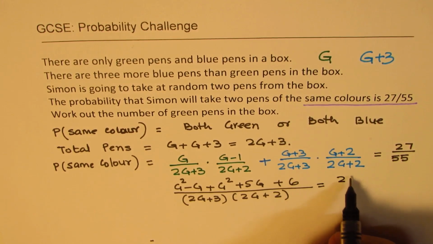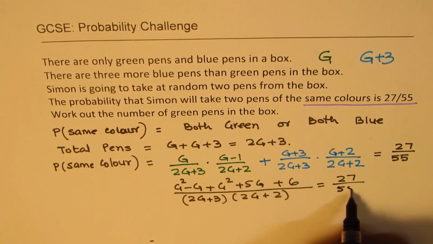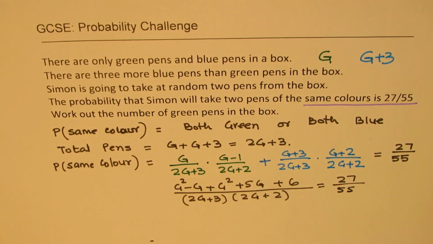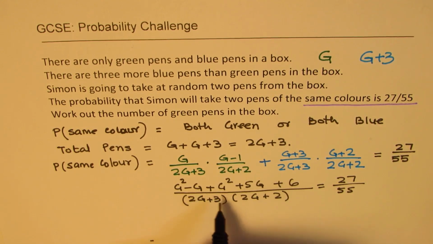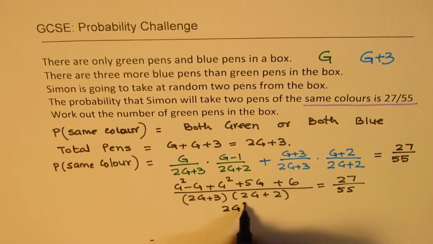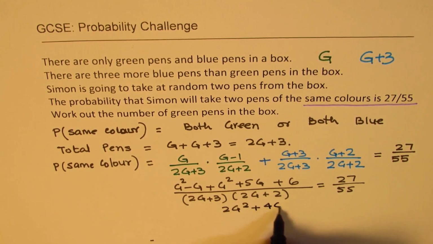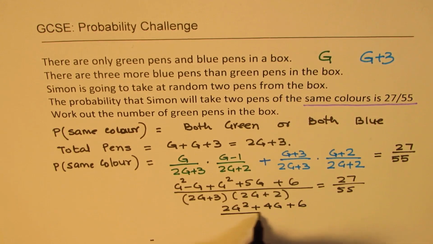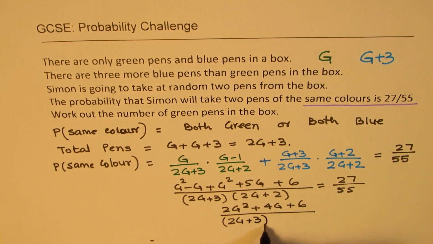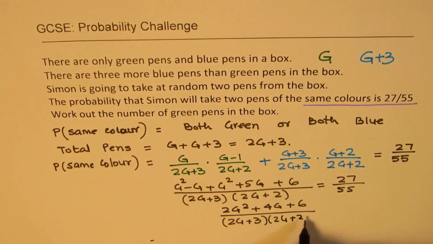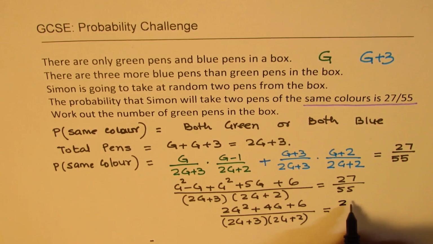And that should be equal to 27 over 55. Now we can simplify it slightly more, combining 5G and minus G and adding 2 G squares. So we get 2G square plus 4G plus 6, divided by 2G plus 3 times 2G plus 2. And that gives you 27 over 55.